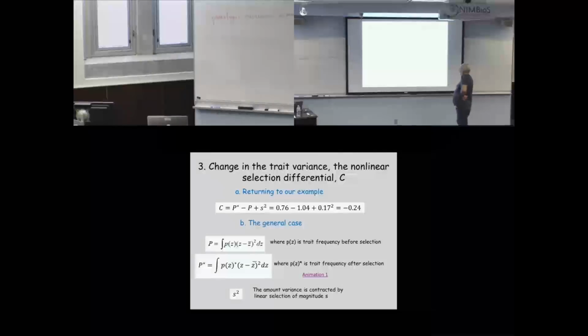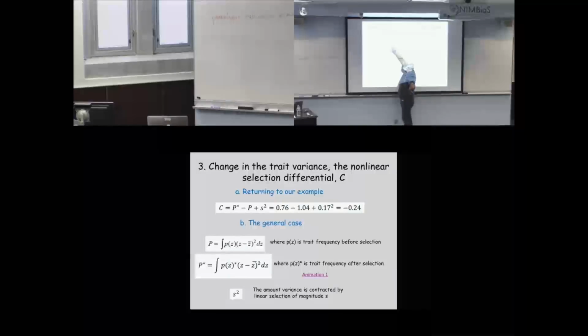Okay, so, let's see, I have to think about this for a second. All right, so I'm going to introduce a new coefficient of selection, and it's parallel to the selection differential S, but we're going to call it the nonlinear selection differential. We're going to call it C, and it's the difference between the variance after selection and the variance before selection.